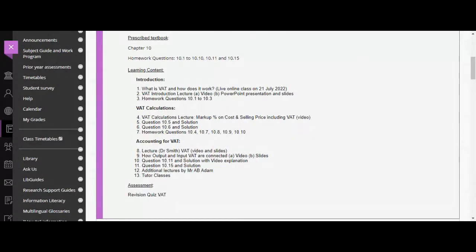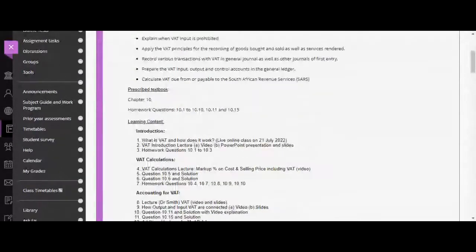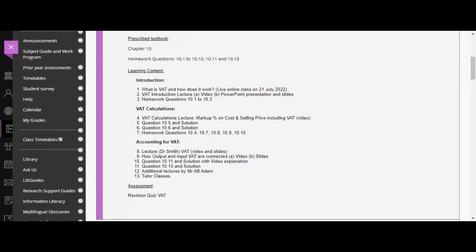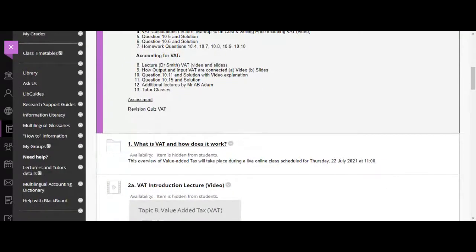As you can see there already under the learning outcomes, the live online class, which is today, the 21st of July 2022, the recording thereof will be loaded there. Once we are done with today's class, it takes about 20 minutes or so for the recording to process. It takes us about an hour or so to download and upload it.